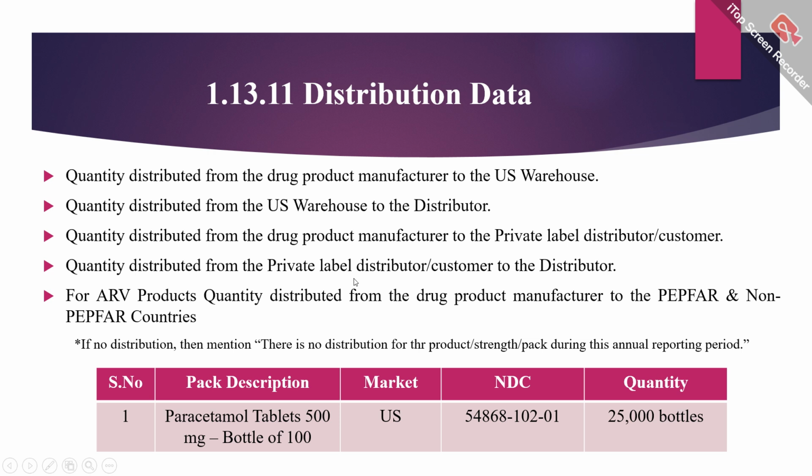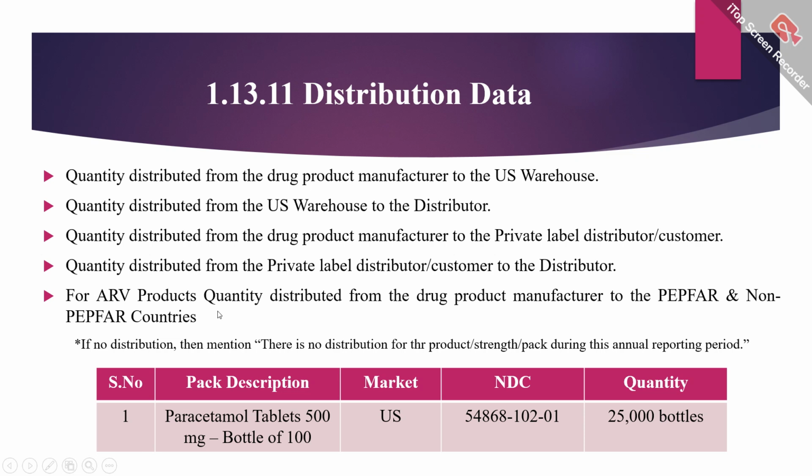Also the quantity distributed from the private label distributor or customer to the distributor. Here we have to mention it as a table: plant to warehouse, warehouse to distributor, plant to private label distributor, and private label distributor to customer.